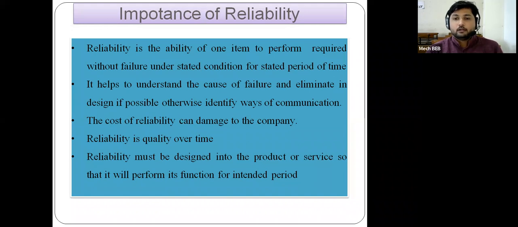A 10 times payback is given to the customer by the Innova company. So to keep the reputation in the market, reliability is the most important thing for the company.